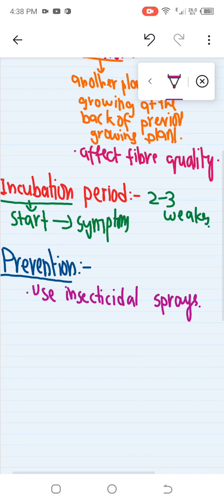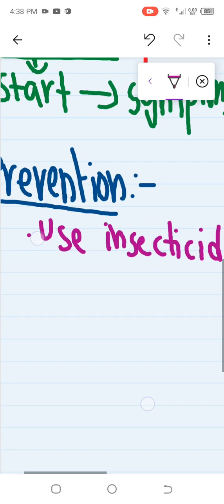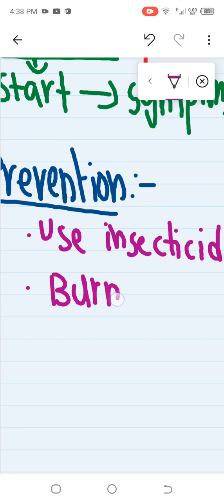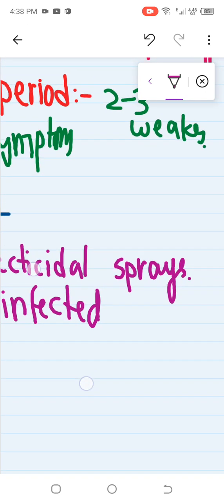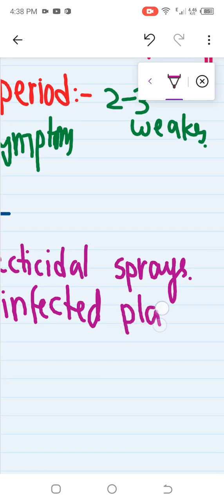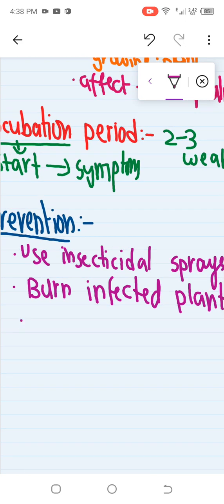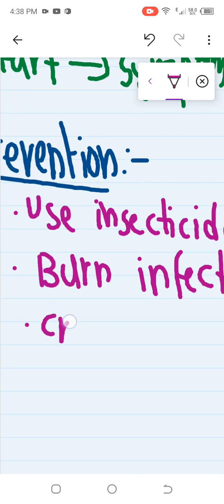Okay, another is to burn infected plants. The plants which are infected, you can burn these plants, because if these are infected, they can cause infection in other plants too. Third, we have crop rotation.